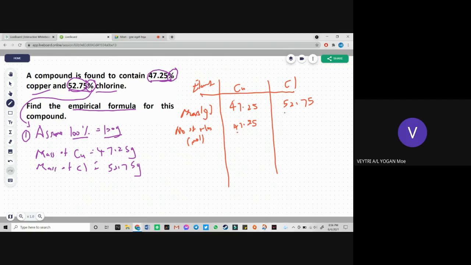Then write 47.25 gram divided by, for copper from the periodic table, 63.6 gram per mole. Wait first. Right over here first. Make sure everything is right first. Here 52.75 gram. Don't forget to write the formula, mass over molar mass, over 35.5 gram per mole. Okay, now only calculate. You know why I do this?